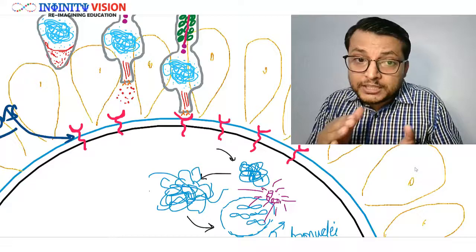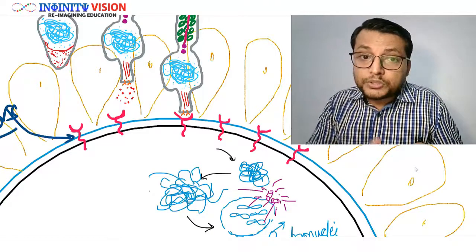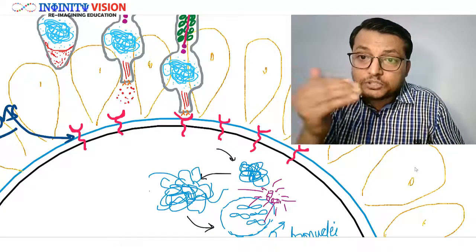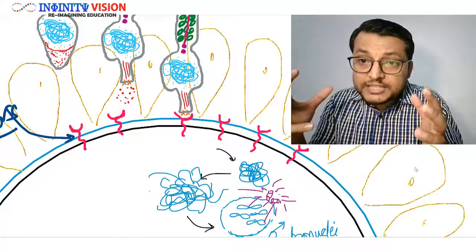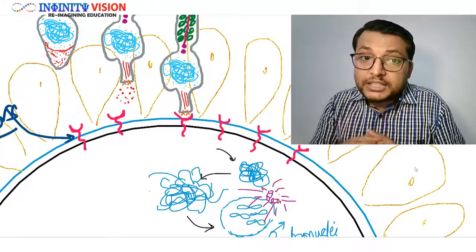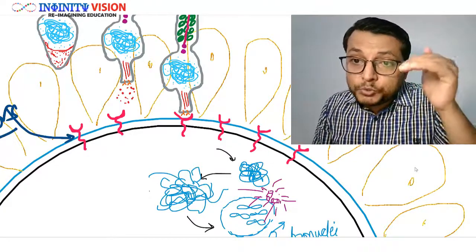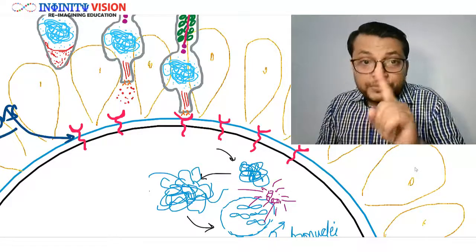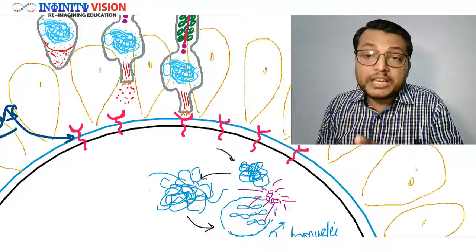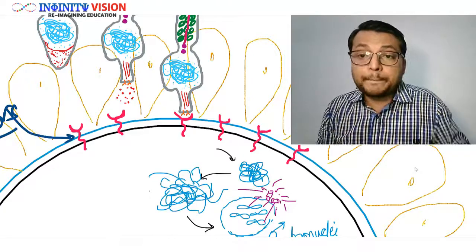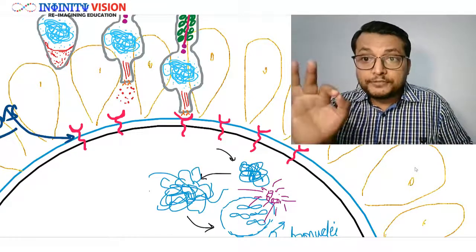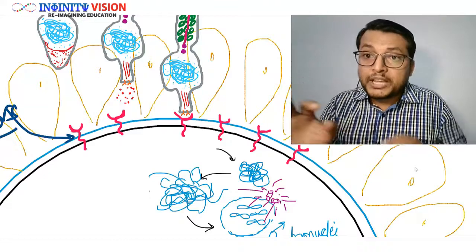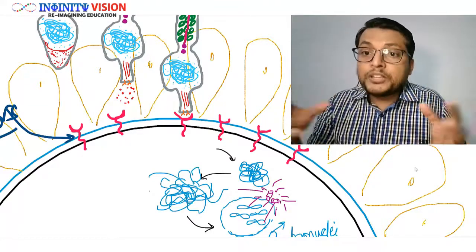Here the sperm receptor is going to recognize the receptor present on this sperm, and if this interaction is positive, then only this sperm will be allowed to enter into the zona pellucida layer. If not, this sperm will not be able to penetrate through this zona pellucida, and fertilization will not occur, and hence reproduction will not happen.